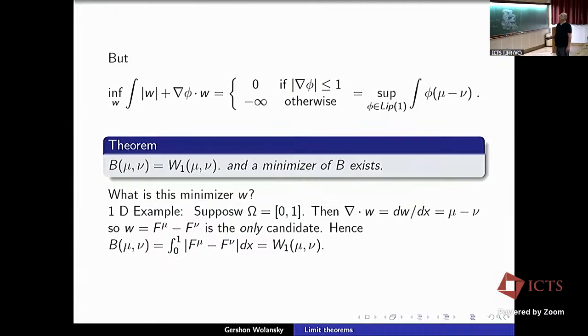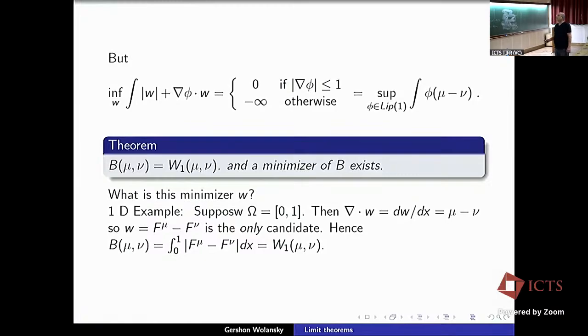This is the vector that we multiply W. If its modulus is bigger than 1, then this infimum is minus infinity. And so this is just a supremum over all 1-Lipschitz functions of the integral of phi d(mu minus nu), which is the dual formulation of the W1.